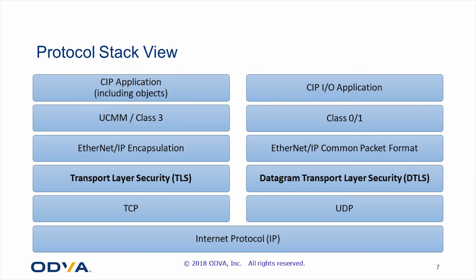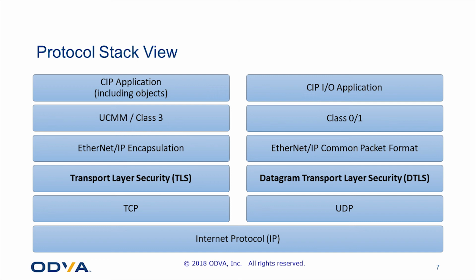Okay, if you like to see protocol stacks, I know this is the technical stage, so hopefully people appreciate this type of diagram. Essentially one side has the I/O, and the other side has the messaging or the configuration that gets sent over CIP. That's the TCP side, and on top of that is the TLS. Then you have the EtherNet/IP encapsulation.